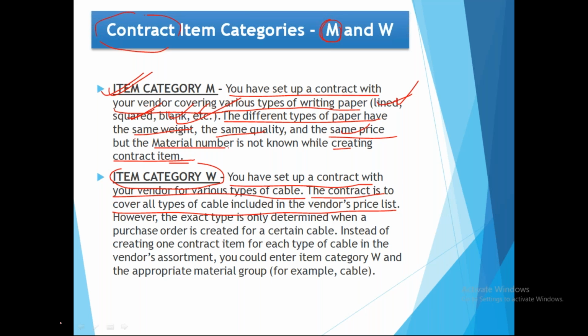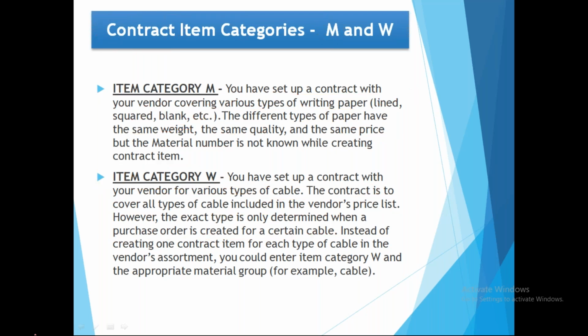Instead of creating a contract for each cable material, you can create a single contract with item category W. The exact cable will be determined when you create the purchase order for a certain cable from that contract. When you create a purchase order from that contract, you will enter the actual material number. So that is item category W. You can create a contract with item category M and item category W also.